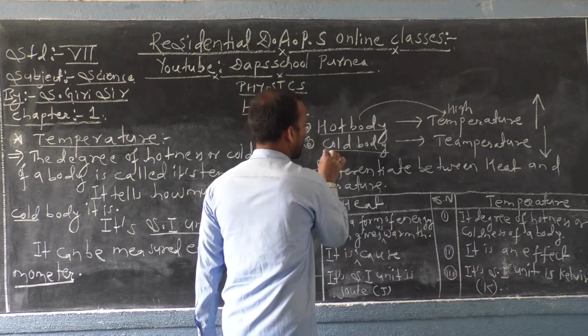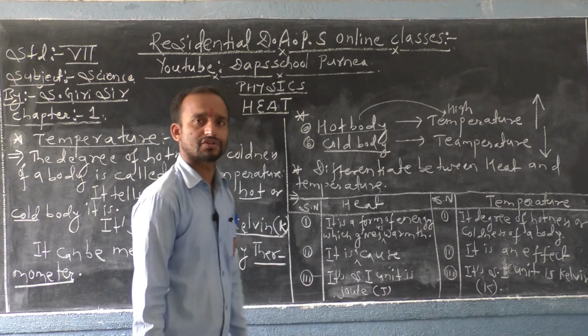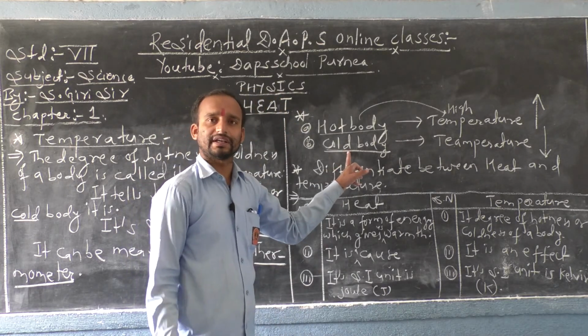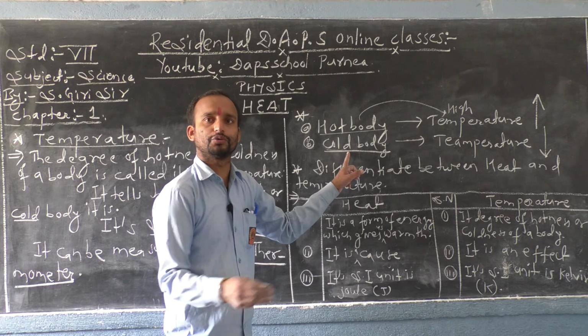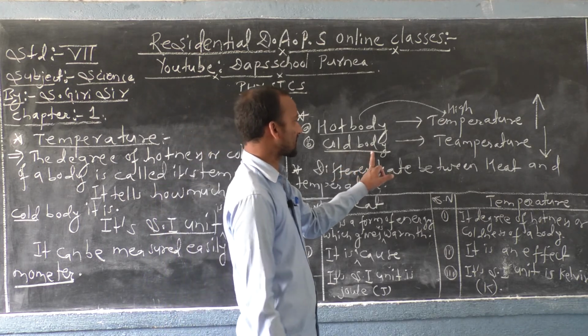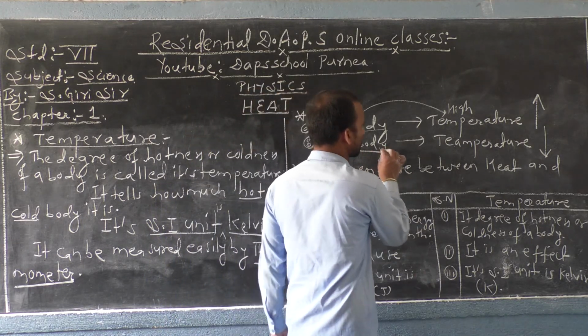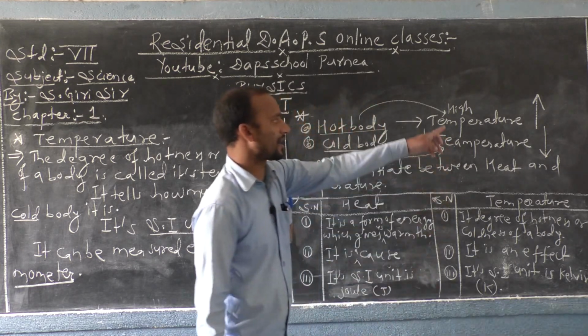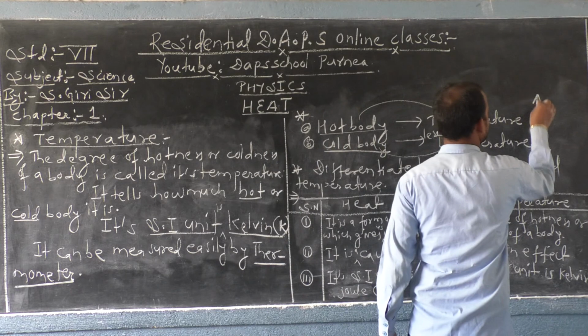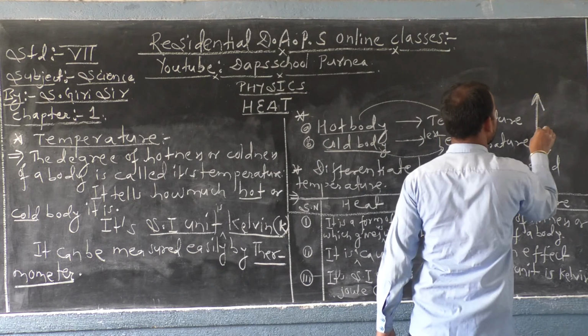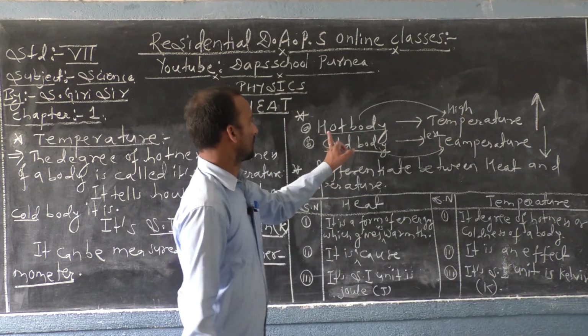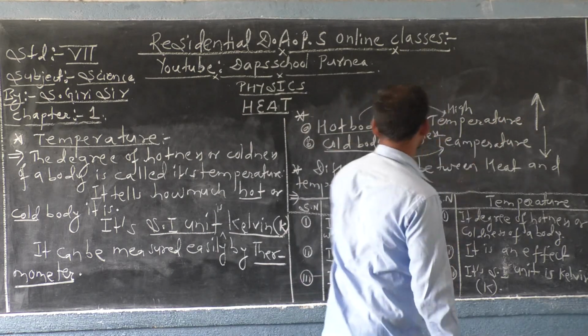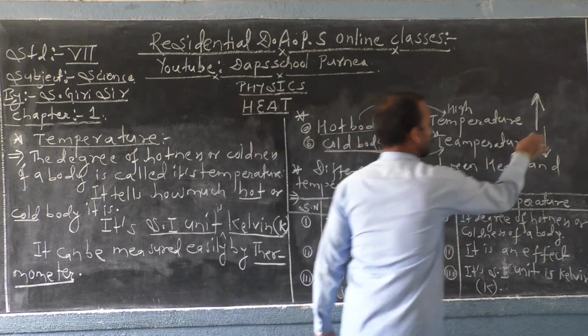But if a body contains very little heat energy in comparison to the surroundings or to us, then that body is said to be a cold body, and it exhibits less temperature. So here I have written with the arrow sign: hot body has high temperature but cold body has less temperature.